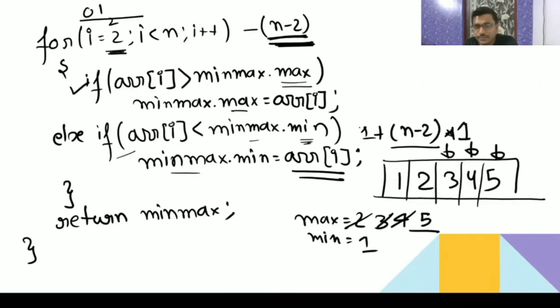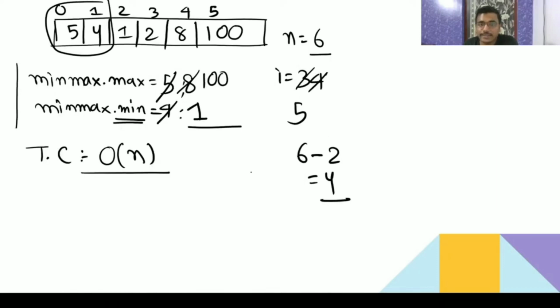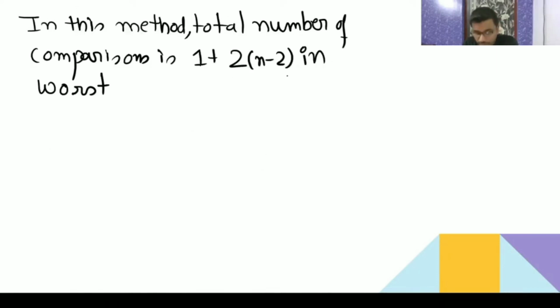So in the best case we get 1 plus n minus 2 into 1, that is n minus 1 comparisons. But in the worst case you are going to get 1 plus 2 into n minus 2.